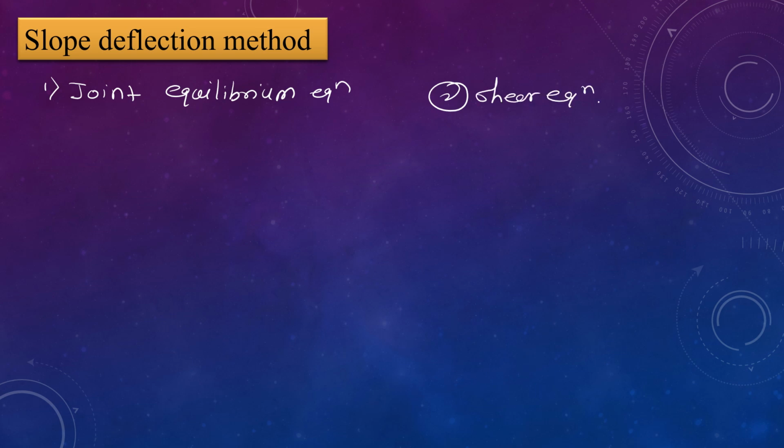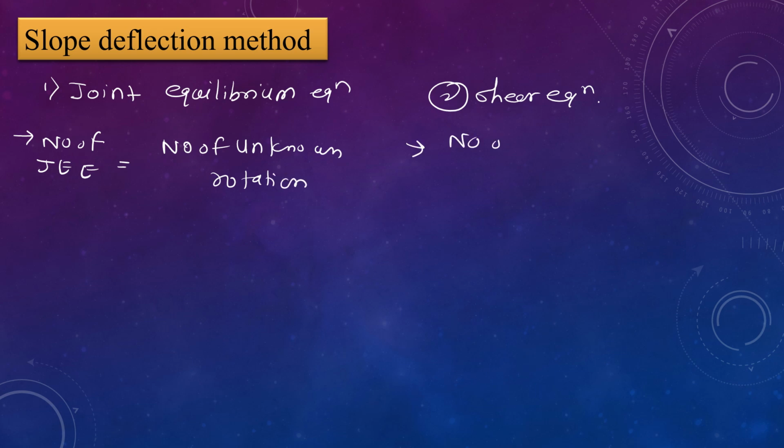The number of joint equilibrium equations formed is equal to the number of unknown rotations, and the number of shear equations formed is equal to the number of unknown displacements.